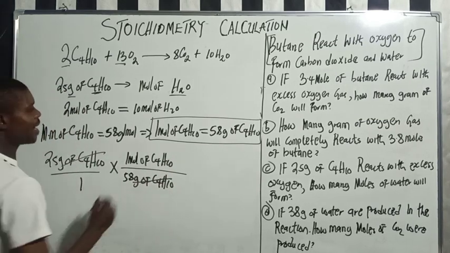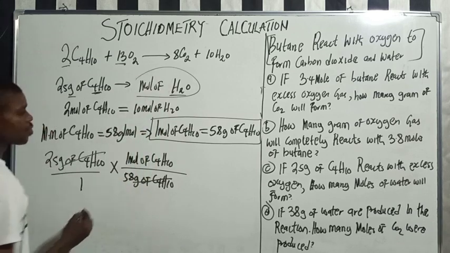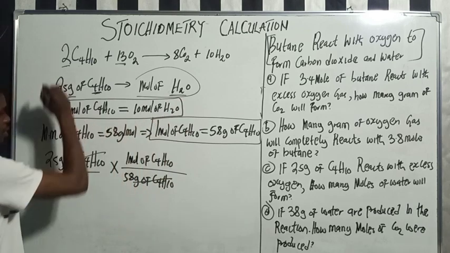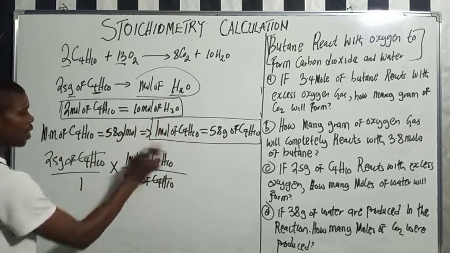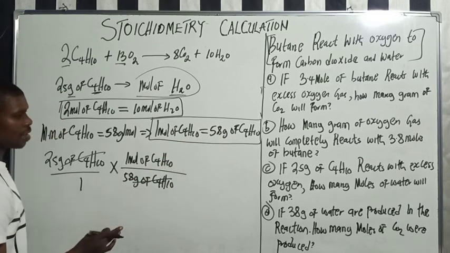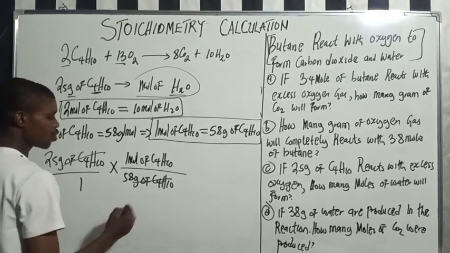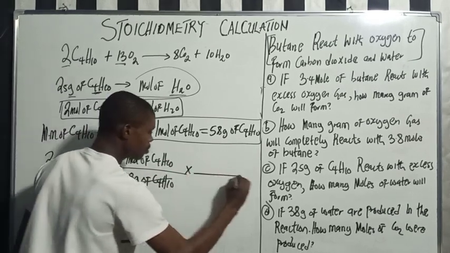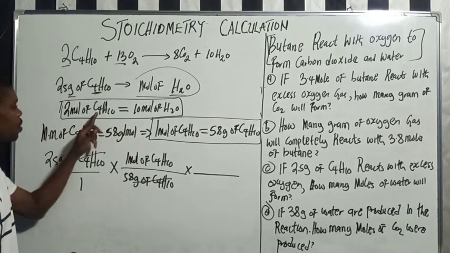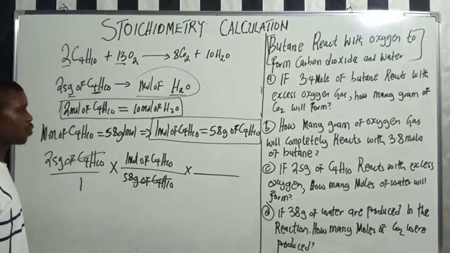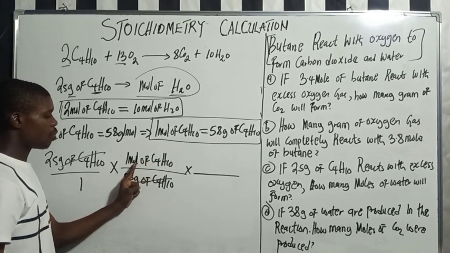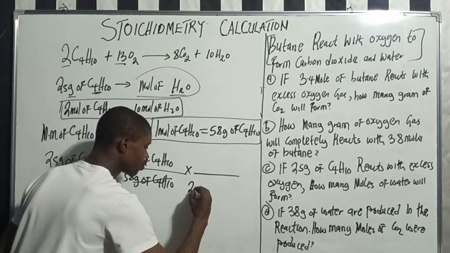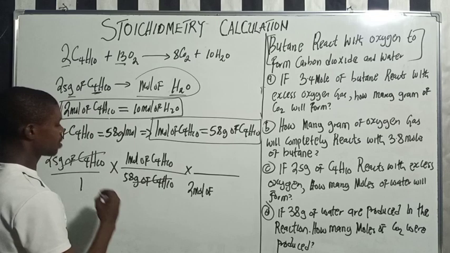Remember, our final destination is moles, right? So now I'm going to use the balanced relationship here: 2 moles of C4H10 equals 10 moles of H2O. Because the moles of C4H10 is already on top, this will go to the bottom. So here I have 2 moles of C4H10.